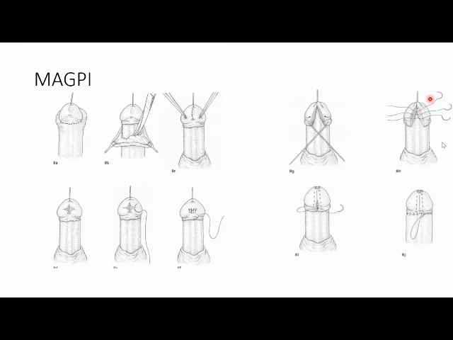So one of the nice books which you can probably try to hack and download is Haddad's book on hypospadias. Very beautifully illustrated, very nicely explained. And he's supposed to be an excellent surgeon, Egyptian surgeon. Haddad.